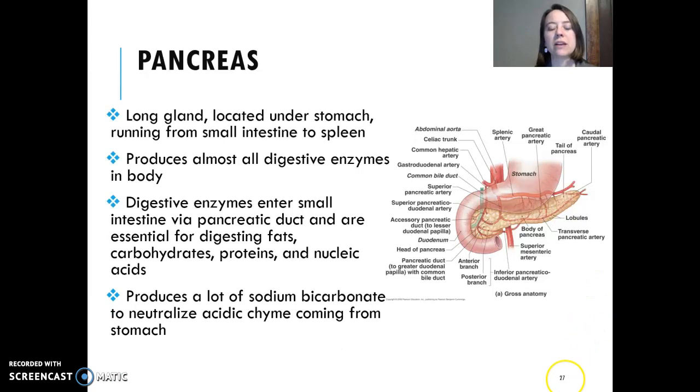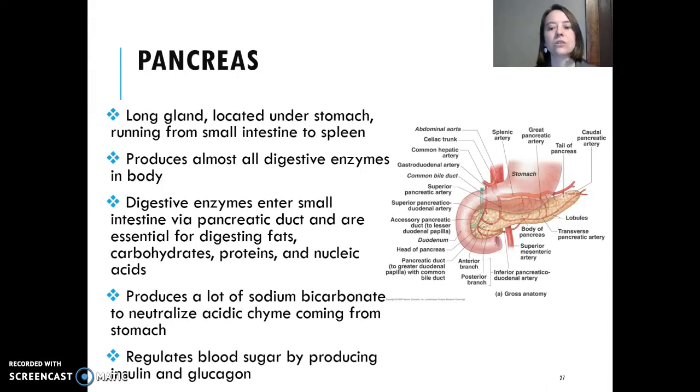Your pancreas also produces a lot of sodium bicarbonate to neutralize the acidic chyme coming from your stomach. I would like you to think for a little bit why it needs to do that. Also, your pancreas will produce insulin and glucagon, which helps regulate your blood sugar.